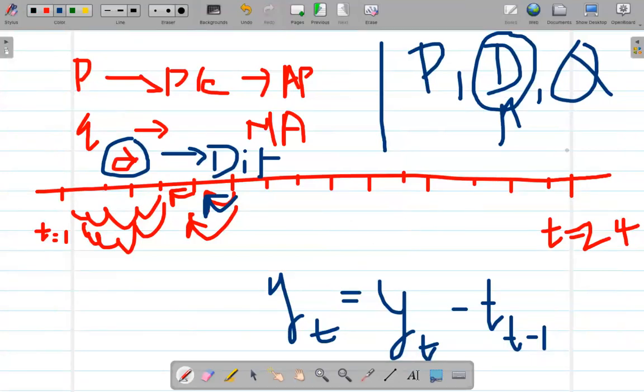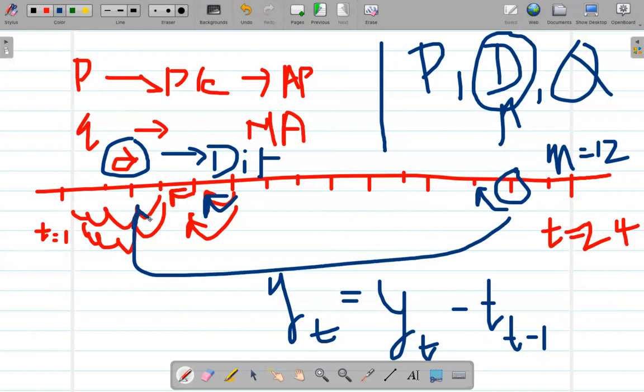For example, suppose m equals 12. If we are in here, differencing with the seasonal period means it does not go to the previous one, but goes way back to here. The length should be 12. That's the seasonal difference.